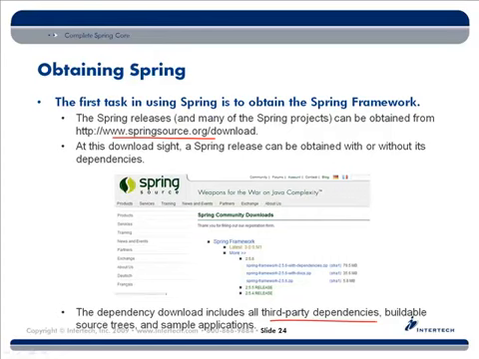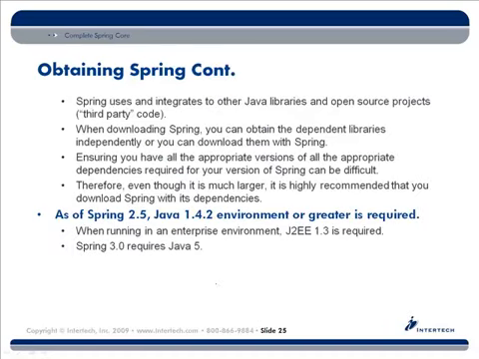So if you'd like, when you go to the download site, look for the dependency downloads. These will include all those third-party jar files and releases that you're going to need as part of your Spring environment. It's a little bit bigger, yep, but with that dependency download, you're going to get not only the Spring libraries, but also all the open source Java libraries you need to actually run your Spring environment.